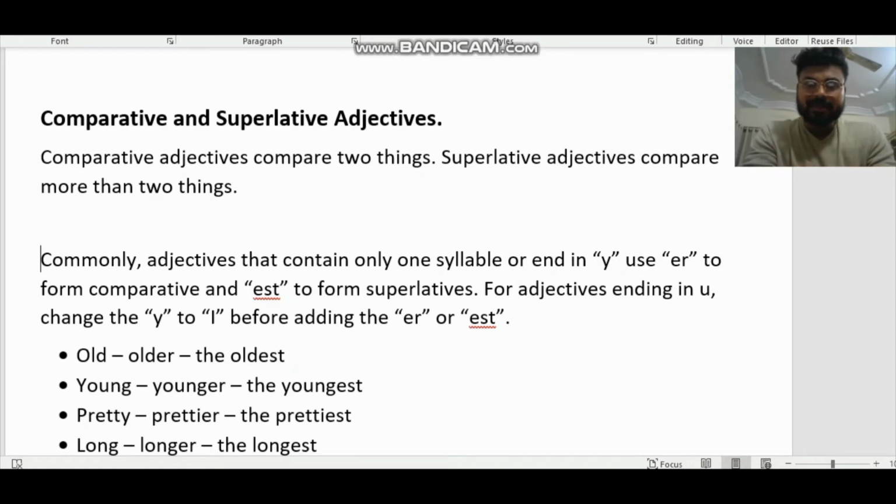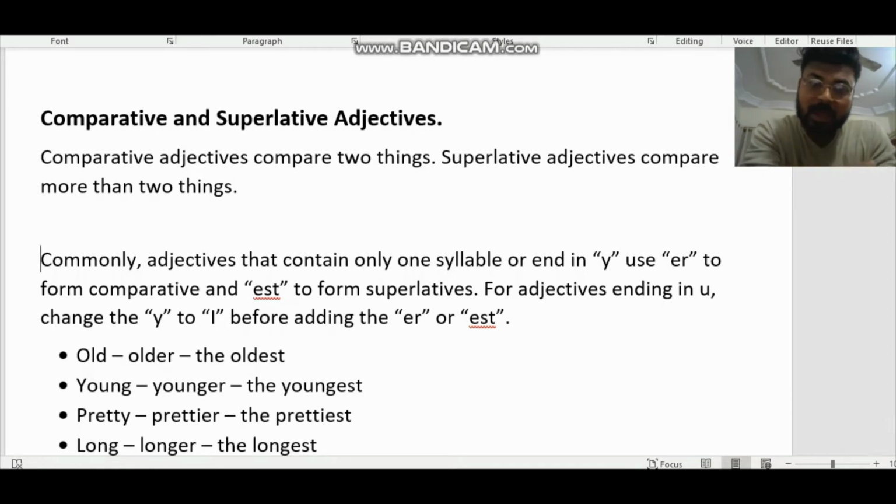So for words with one syllable, or words ending with Y, we use ER or EST to make the comparative and superlative, right? ER for comparative forms and EST for superlative forms. You see here, old, older, and the oldest.